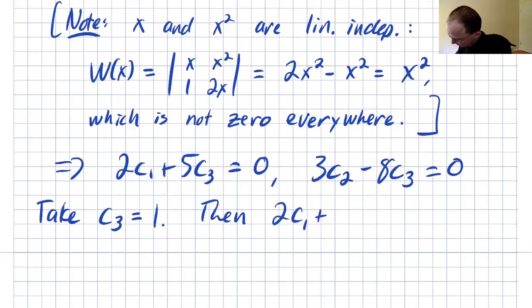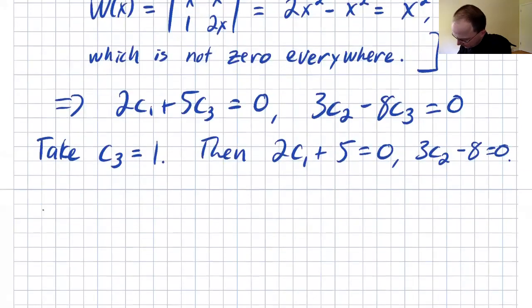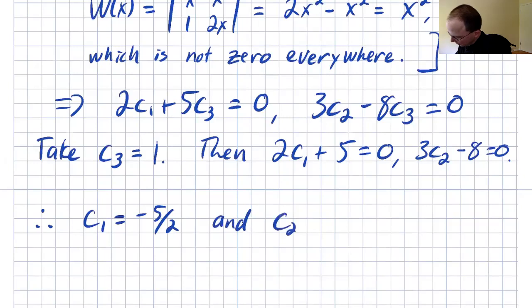Then 2c1 plus 5 is equal to 0, and 3c2 minus 8 is equal to 0. So therefore, we get c1 is equal to negative 5 over 2, and c2 is equal to 8 over 3.